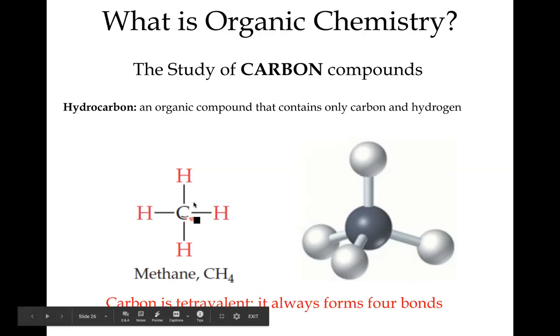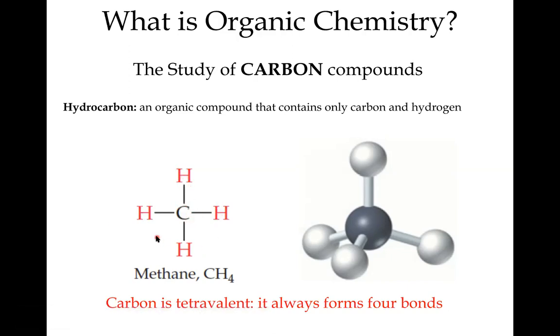So one carbon bound to 4 hydrogens. Now, you guys will remember from Chem 100 and Chem 101 that carbon is tetravalent, meaning it has 4 bonds, right? It's in group 4. And so it can form 4 bonds to be stable and happy.